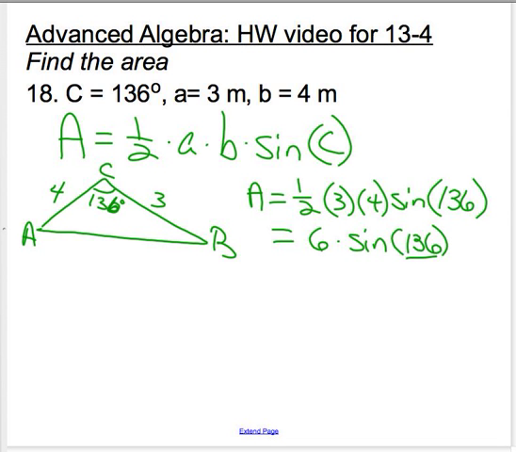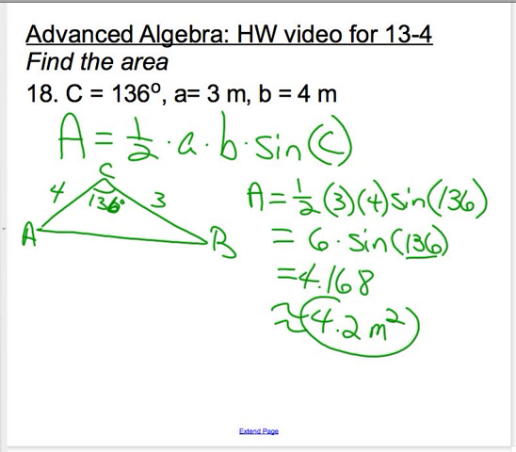If you're in radian mode, you're going to get something completely different. I take 6 times the sine of 136, and I get 4.168. So I'll say my area is about 4.2 square meters. There's my area.